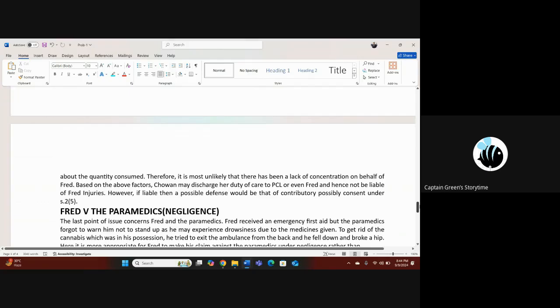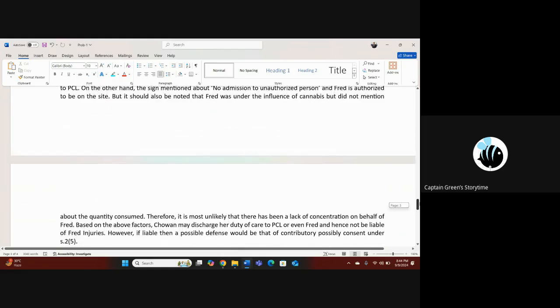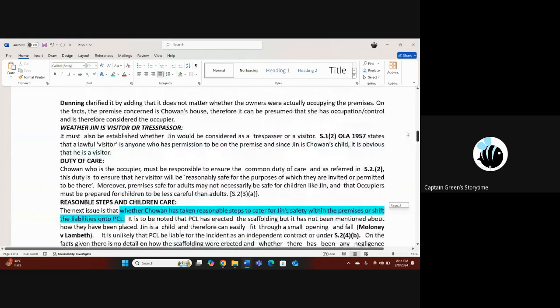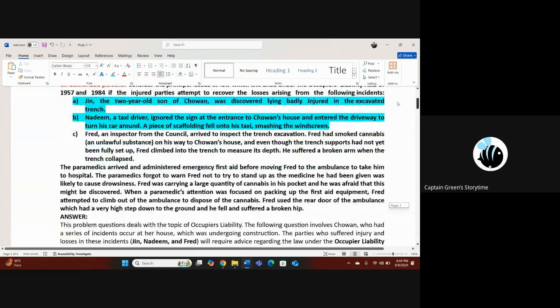However, Chuans will not be liable just because he shifted his duty towards PCL. Moreover, PCL would also not be liable just because Fred was under the influence of cannabis.